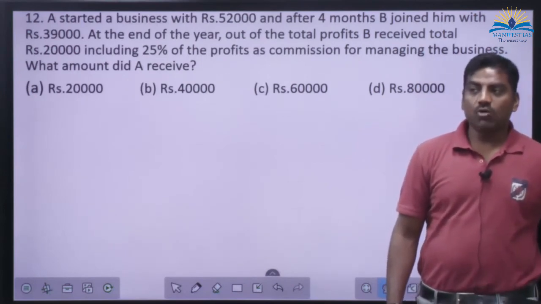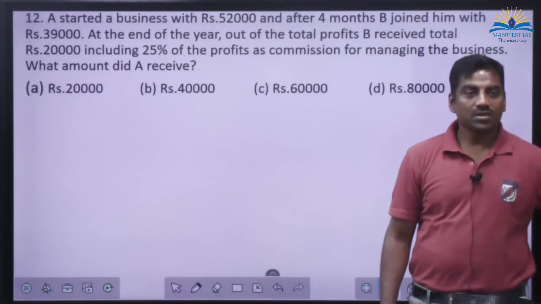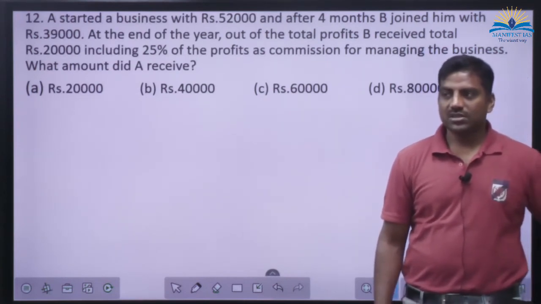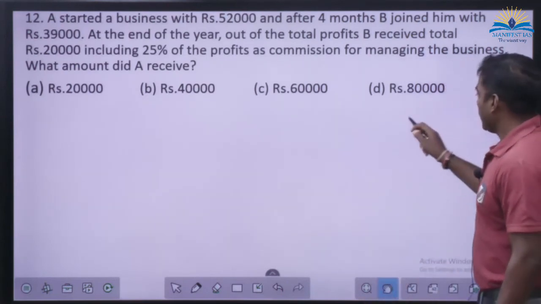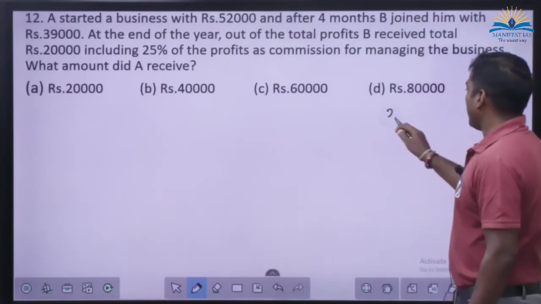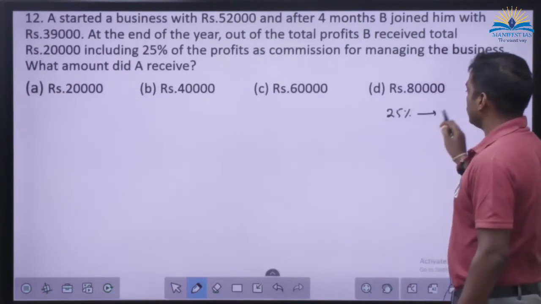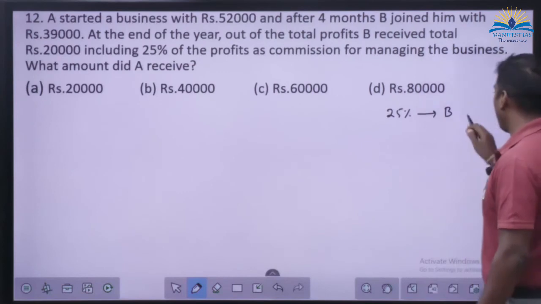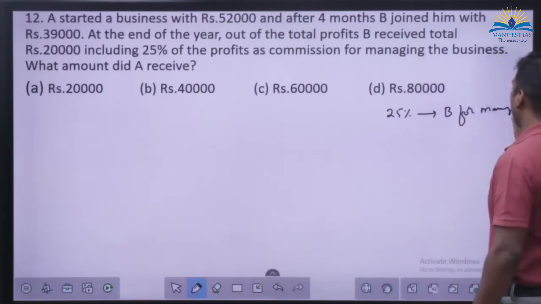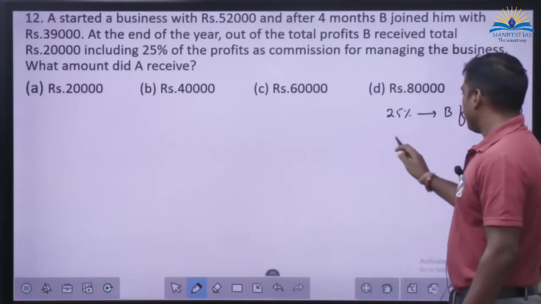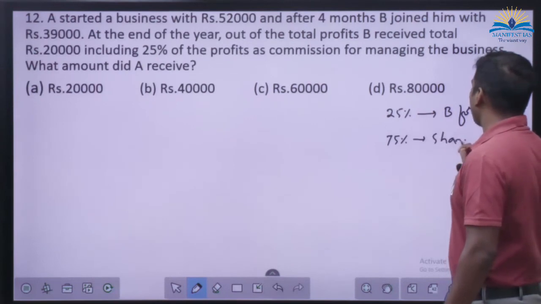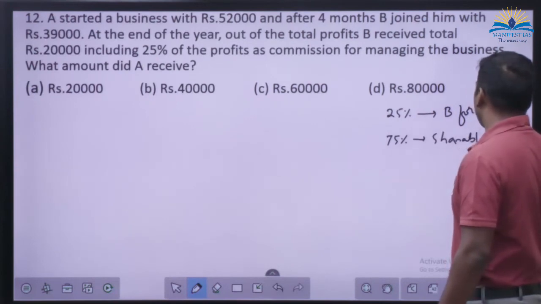So for working, how much share is he getting? 25%. So what is the shareable profit? After we do the calculation, 25% has to go to whom? B, for managing. So this is the shareable profit, and out of this we are going to divide.